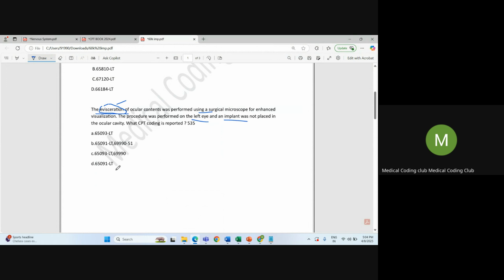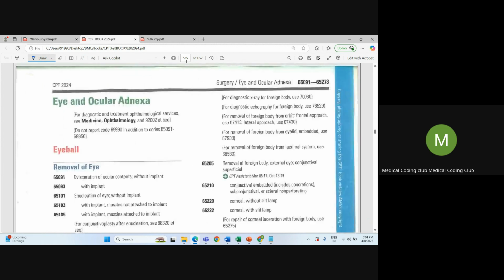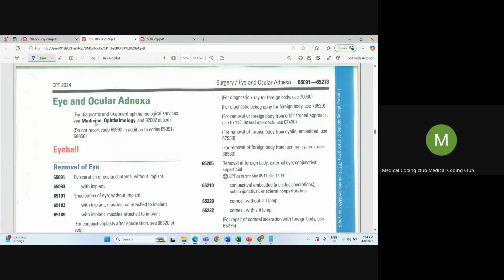Based on this, you can navigate and you will get the answer. You can see here.